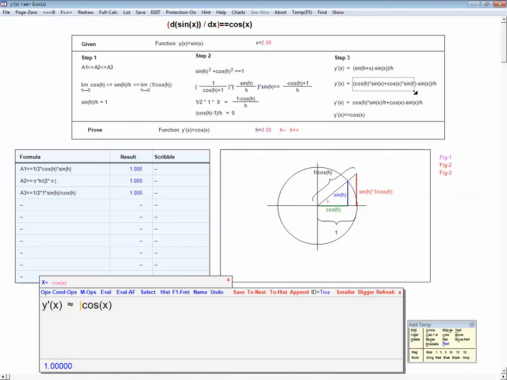And then we use our formula for the sine of x plus y. That is right here, sine of x plus y, and do some manipulations and we get what we want.